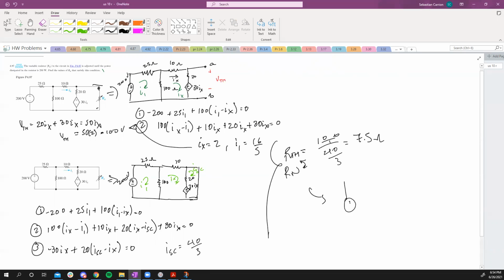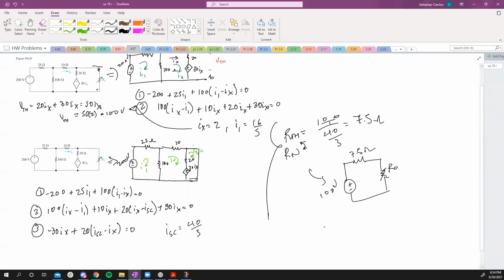Thevenin, which is 100 volts, then 7.5 ohms, and then we have this variable resistor that we don't know. We have one equation because there's one loop, and I'm going to call that I1. So our equation looks like this: minus 100 plus 7.5 I1 plus I1 times R naught equals 0.